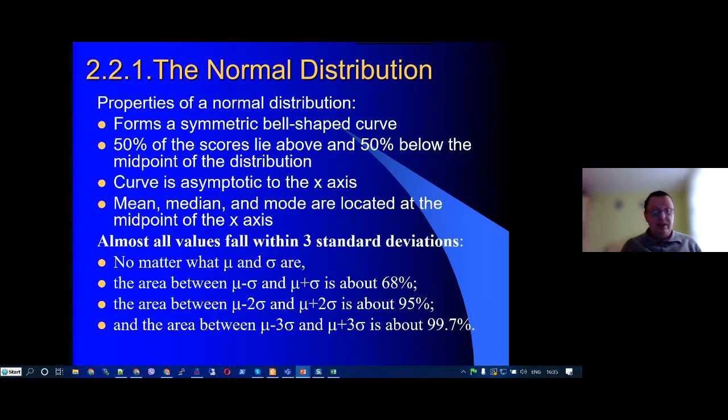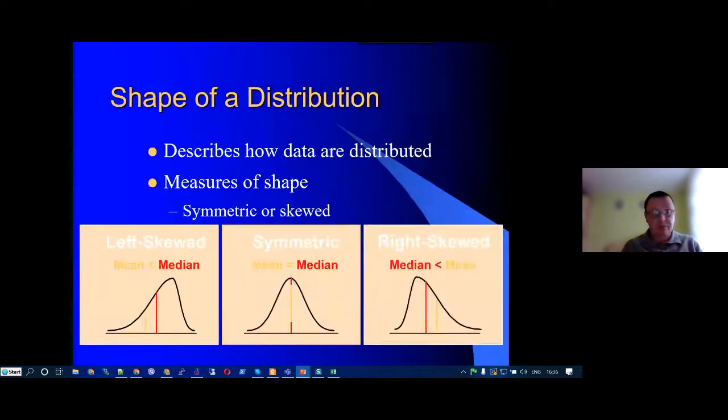Normal distribution properties, as I said, form a symmetric bell-shaped curve. It's separated in half at the midpoint, so mode, mean, and median have to be equal. It's also asymptotic to the x-axis, and follows the rules which I already mentioned.